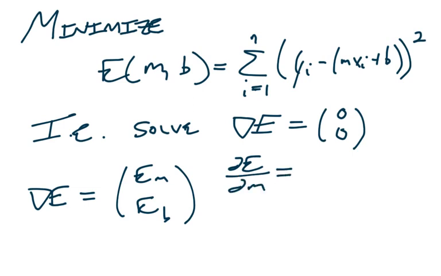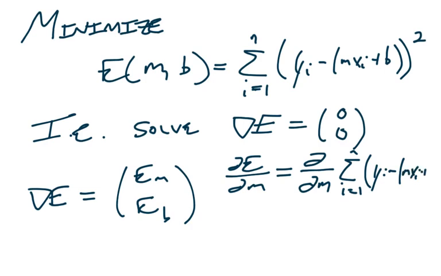All right, so this is going to be the derivative with respect to m of this sum from 1 to n of (yi minus (mxi plus b)) squared. All right, so this thing is basically just a fancy application of the chain rule.